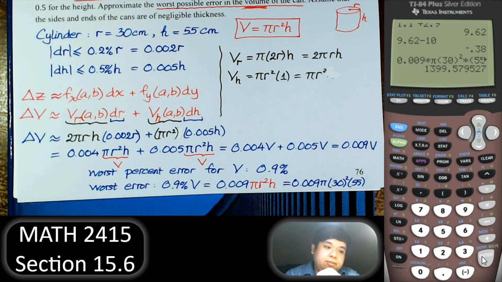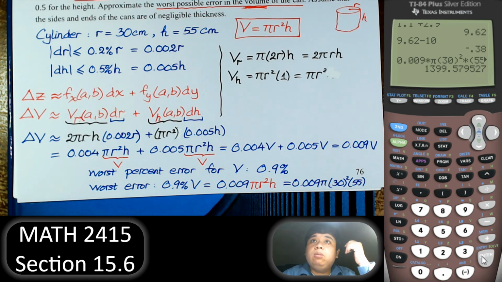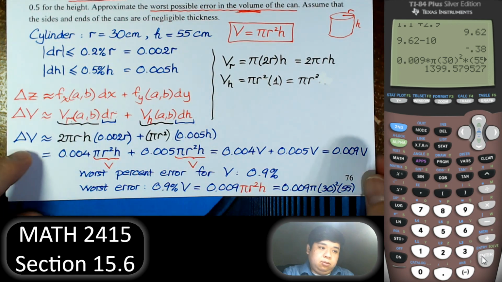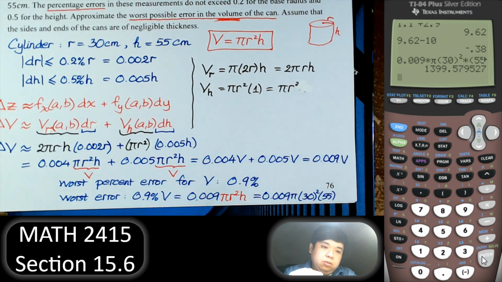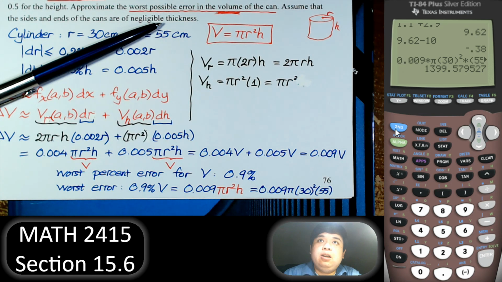So we have that. About 1000 cc. Whereas the volume is pi r squared h.